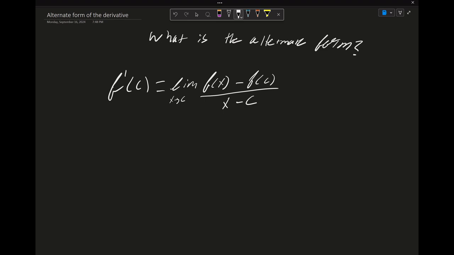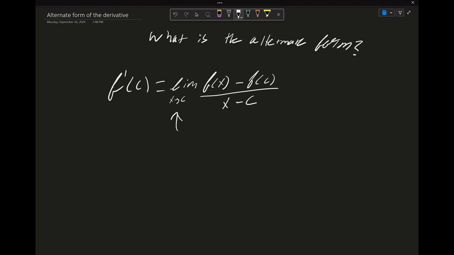So not only does this tell us what the derivative is at the point c, it also tells us if it exists automatically, and also tells us the relationship between differentiability and continuity. Because as we know, the limit won't exist unless it is continuous at that point from the right and the left.